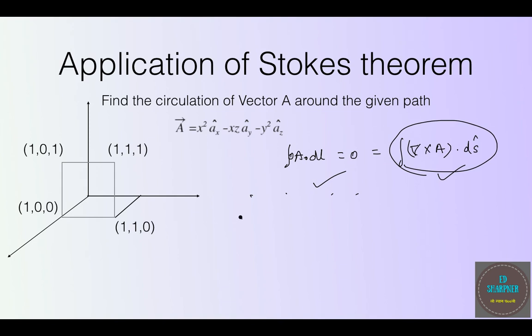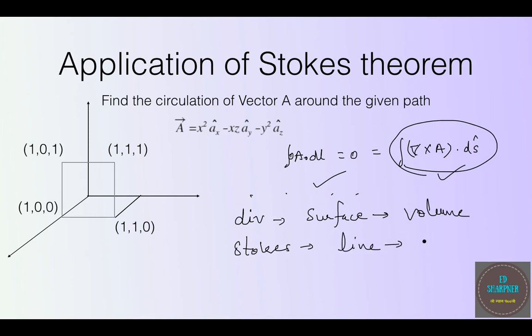So concluding, the divergence theorem relates the surface integral to the volume integral, and for the Stokes theorem we can conclude that it relates the line integral of a vector with the surface integral of the vector.